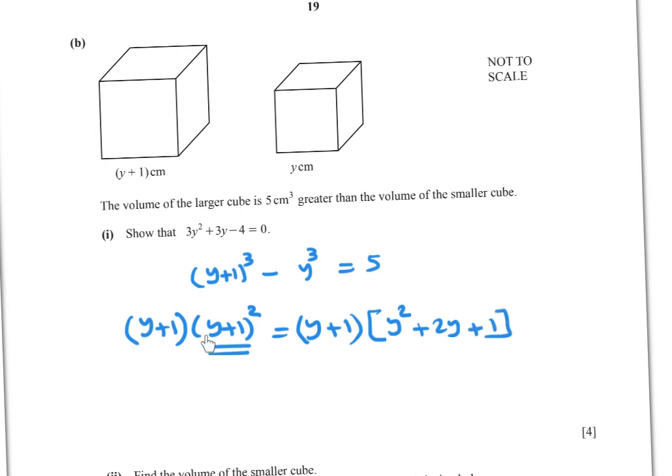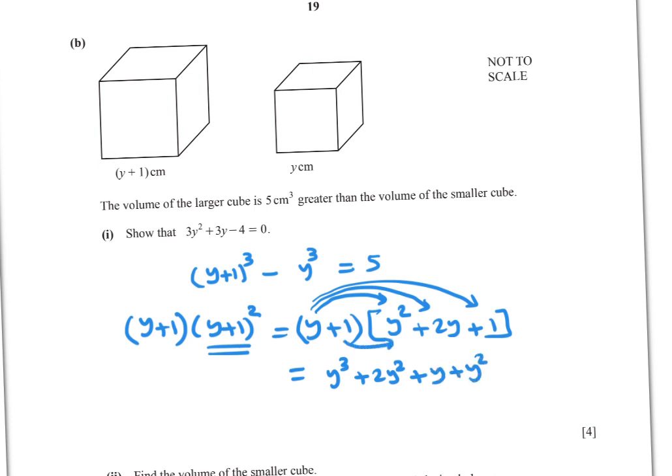This is how to expand y plus 1 squared. Now we need to expand: y times y squared equals y power 3. Y times 2y equals 2y squared. Y times 1 equals y. Now 1 times y squared equals y squared. 1 times 2y equals 2y. And 1 times 1 equals 1.